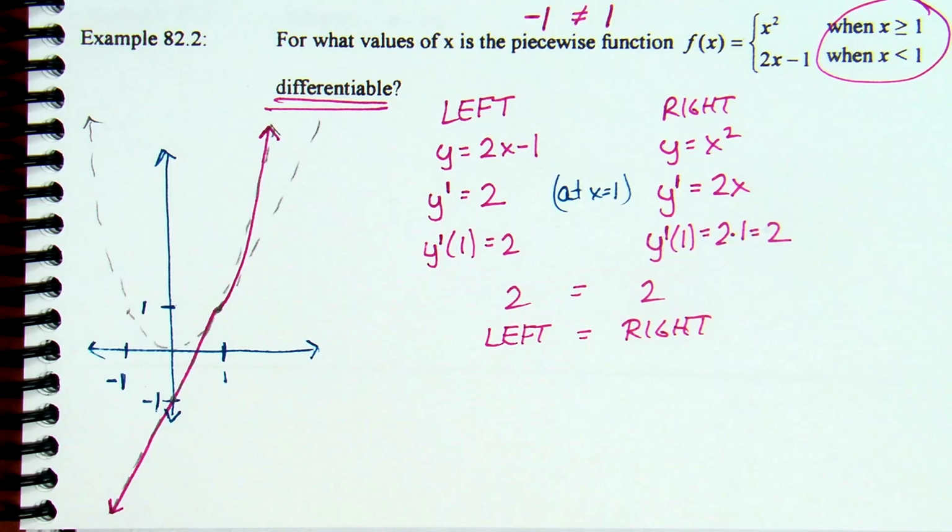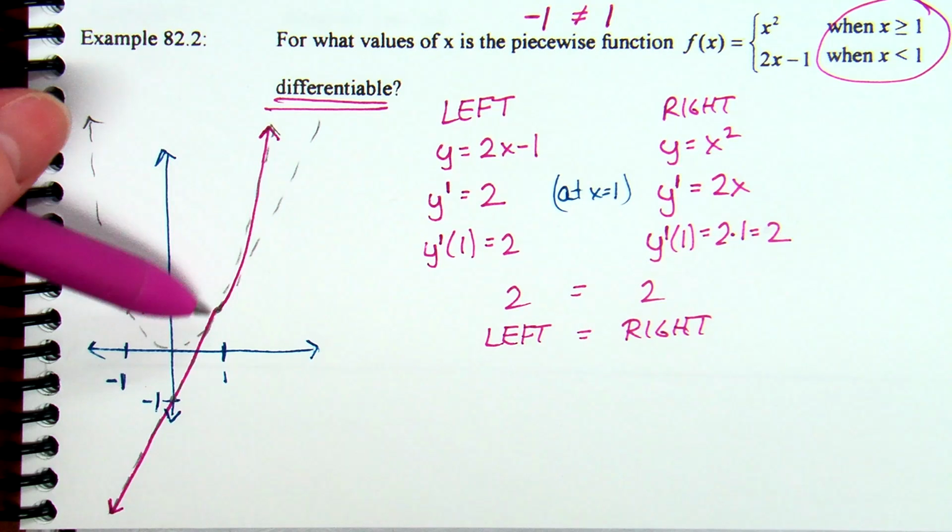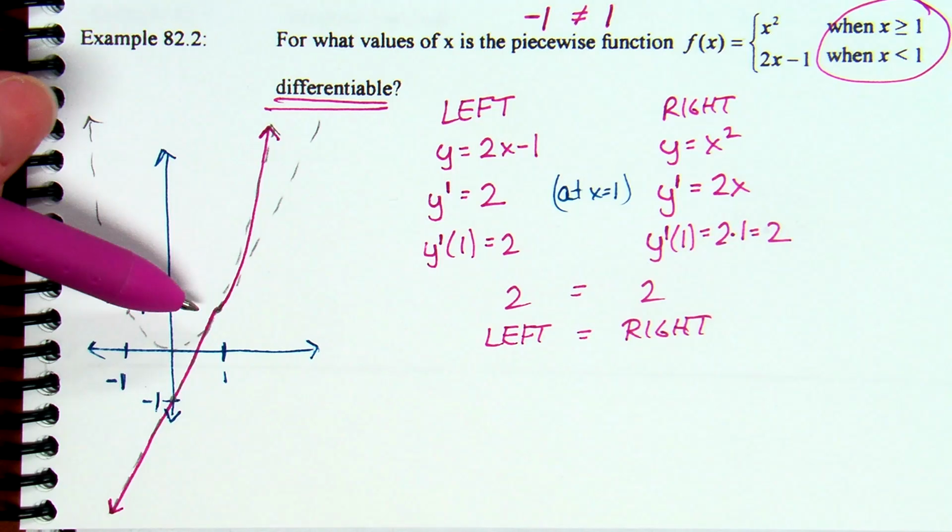So for what values of x is this function differentiable? All real values of x, including x equals 1. So what that's saying is, however exactly this line and this parabola connect here, it's not going to end up being a hard point. Okay?